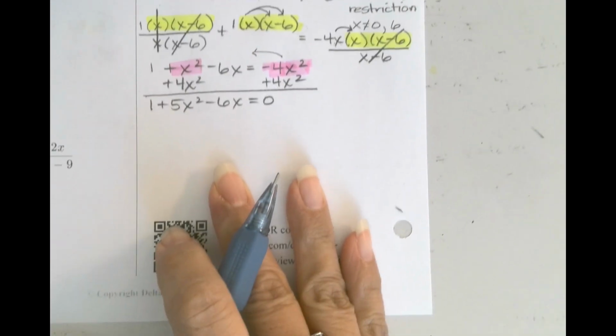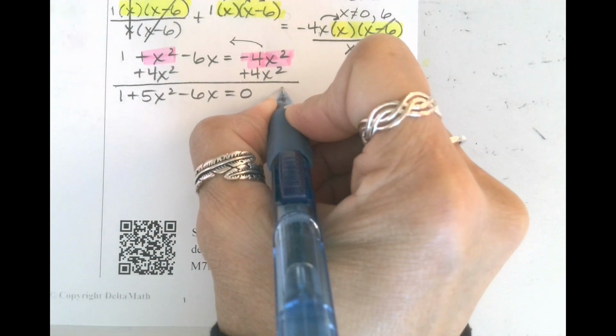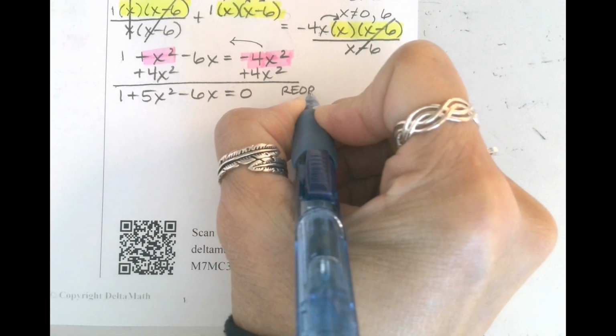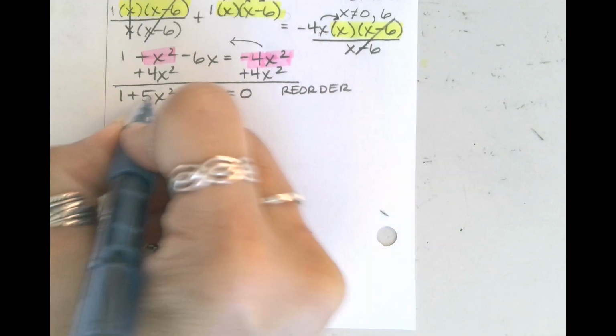All right, so we have a trinomial. We are going to reorder it so that we can factor it, because it's not in order from highest to lowest exponent. So let's move these things around.